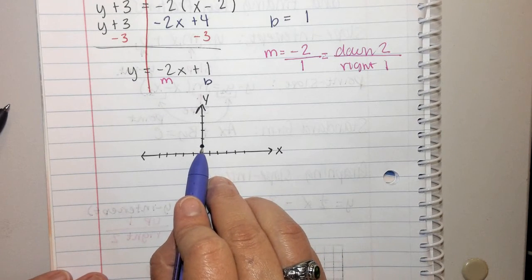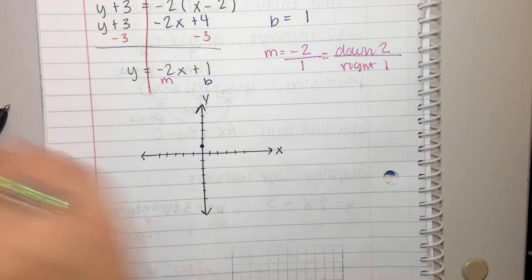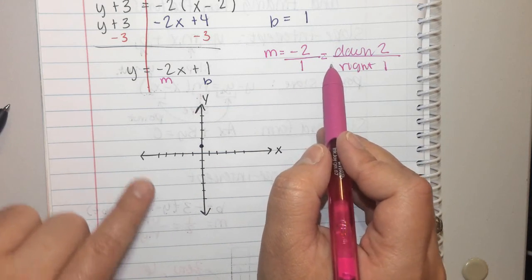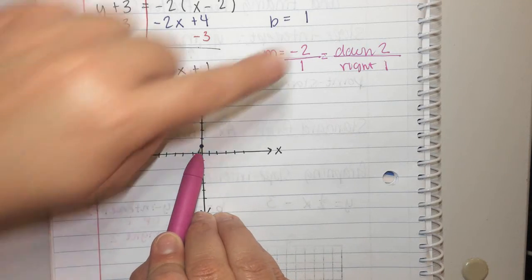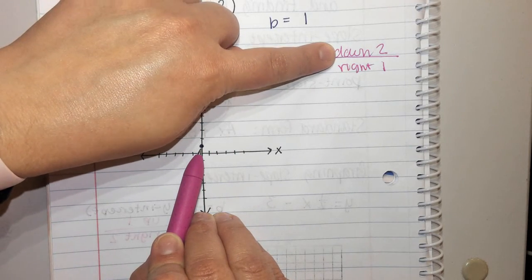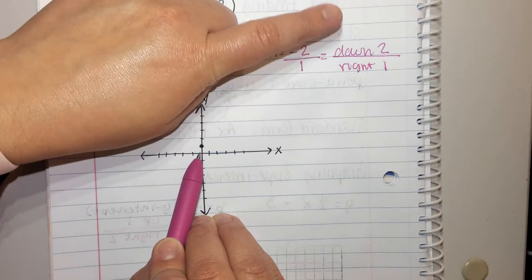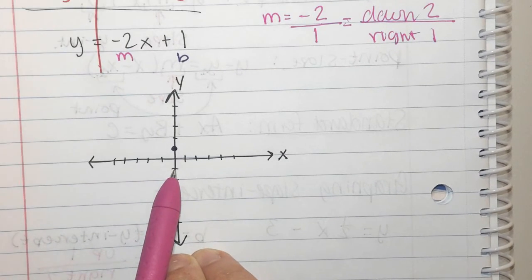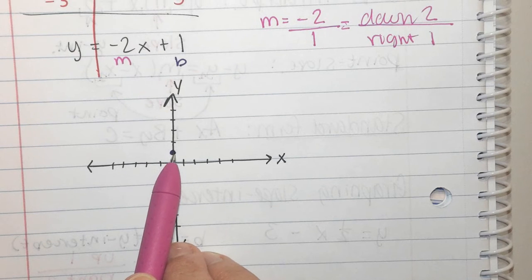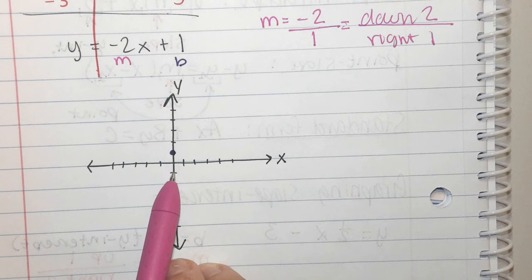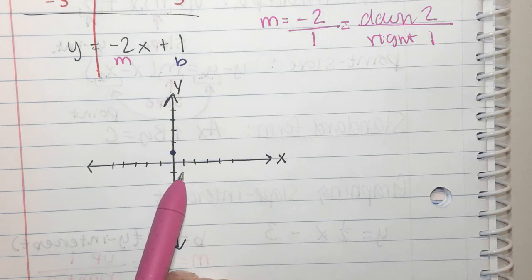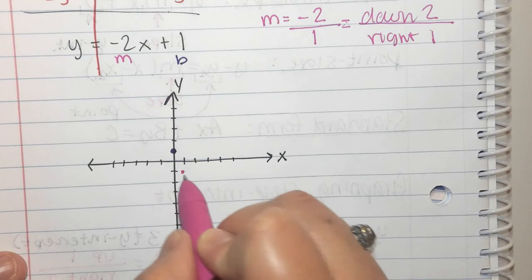From that point, so not from the origin, but from that point, we're going to use the slope to move. So from this point, we got to go down 2, right 1 unit. So 1, 2. I'll zoom in. So from this point, down 2, right 1, plot a point. Okay.